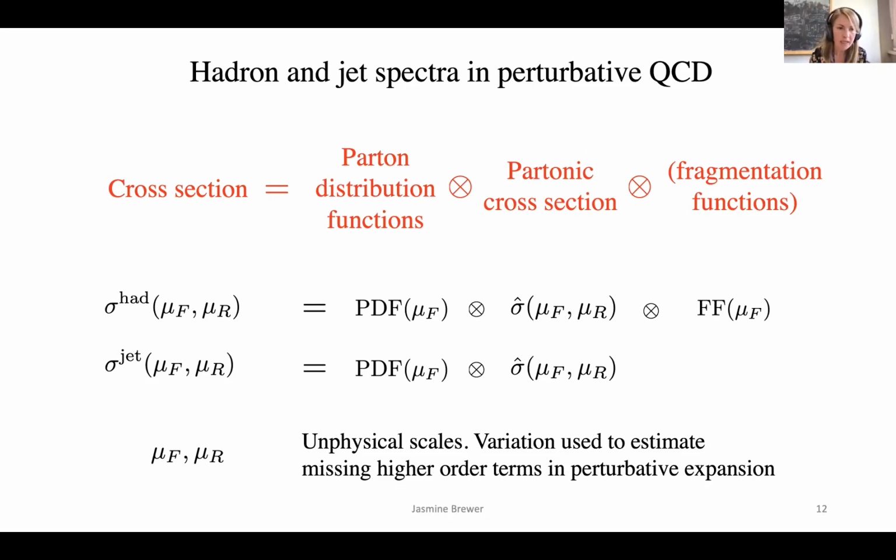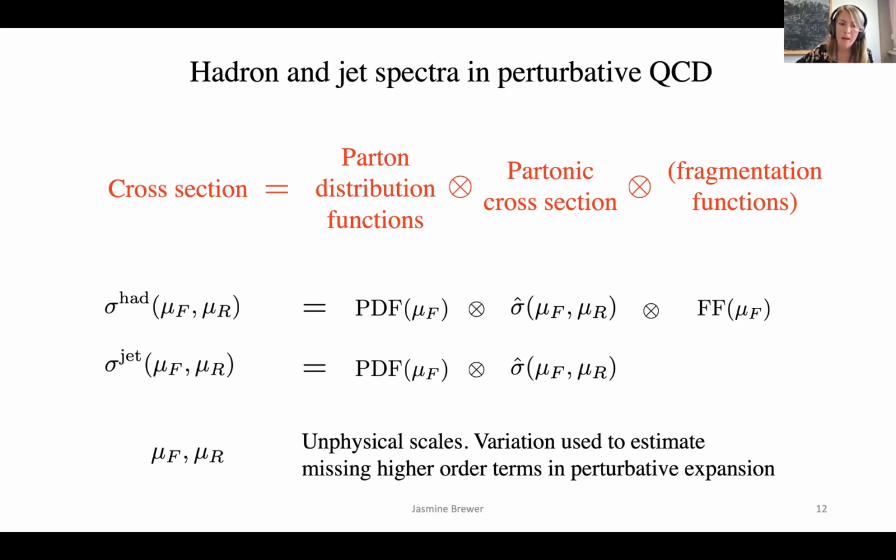So we describe hadron spectra as a convolution of the PDFs with the partonic cross-section and the fragmentation functions, and jet spectra as a convolution of the PDFs and the partonic cross-sections. We'll also show some results of showering effects on the jet spectra.